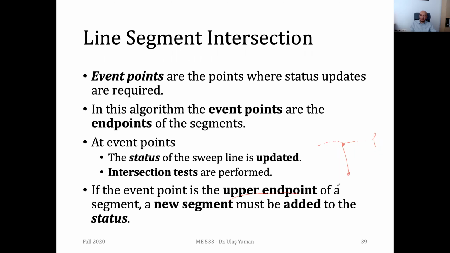So what we are going to do, assume that initially we have 1, 2, 3, and we might be adding another line segment into our status. 1, 2, let's say 4, and 3. So at upper end points, we need to add a line segment into our status.